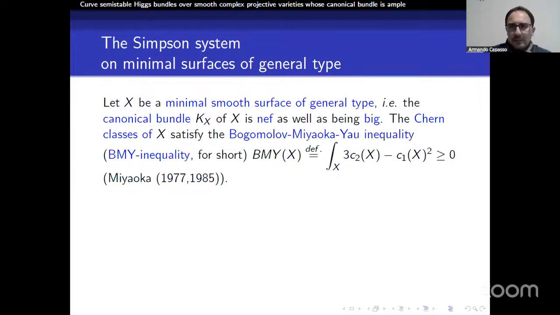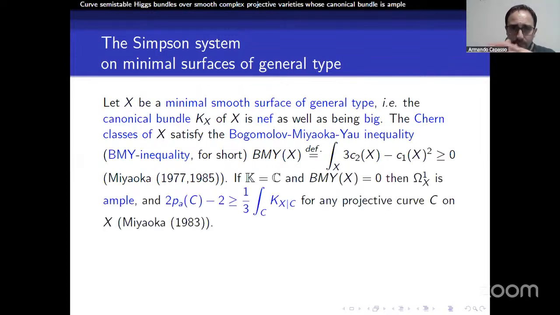Okay, just a little bit of history. Let X be a minimal smooth projective surface of general type, that is, the canonical bundle of these surfaces is nef and big. It is known that the Chern classes of these surfaces satisfy the Bogomolov-Miyaoka inequality, which I report here.